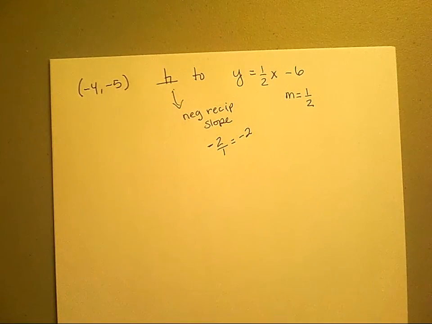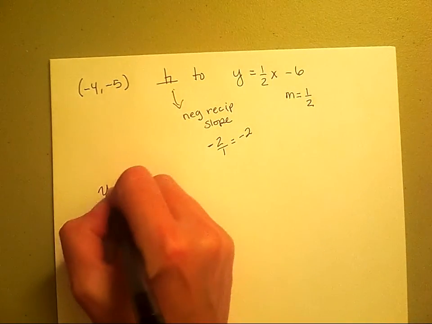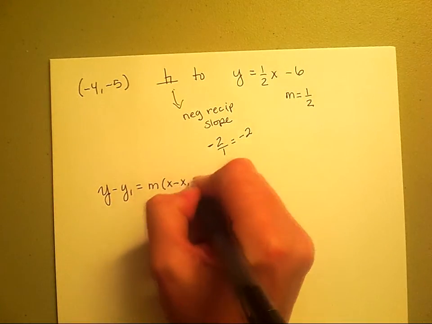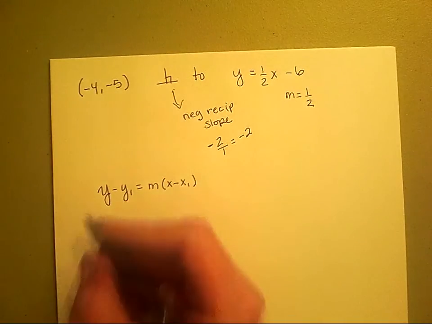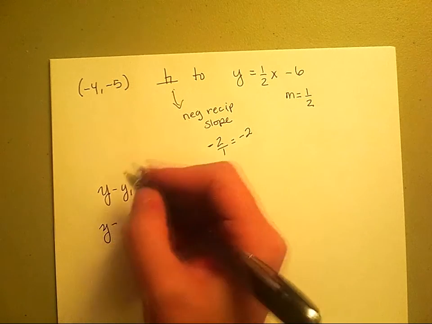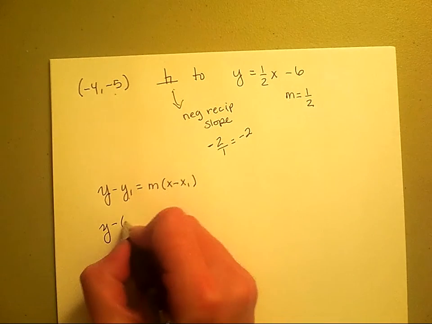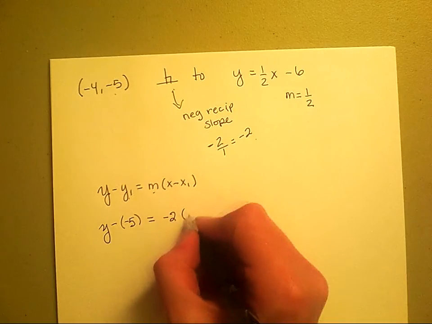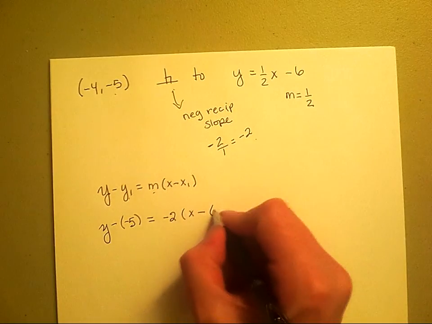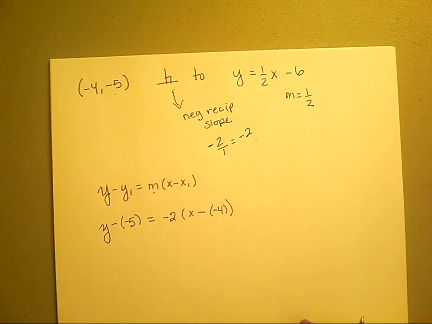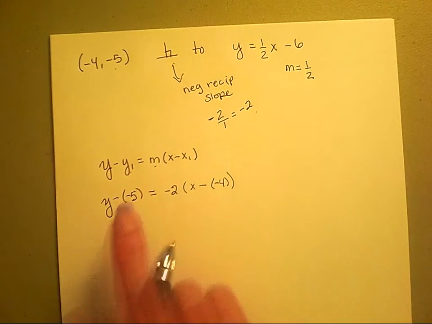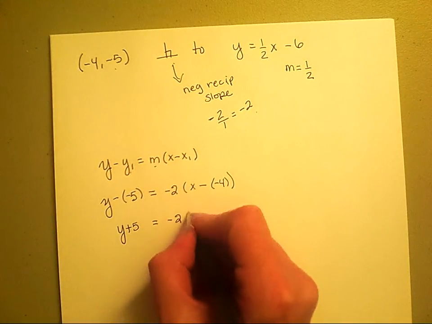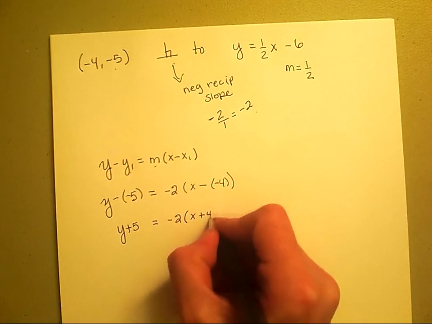Alright, so let's find the equation of the line. y minus y1 is equal to m times x minus x1. So y minus y1, which is -5, is equal to our m, which is -2, times x minus x1, which is -4. Now we'll simplify. This becomes y plus 5 is equal to -2 times x plus 4.